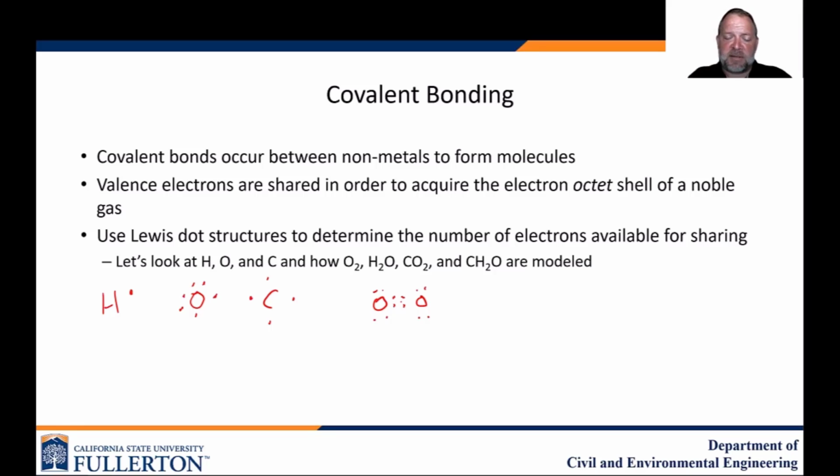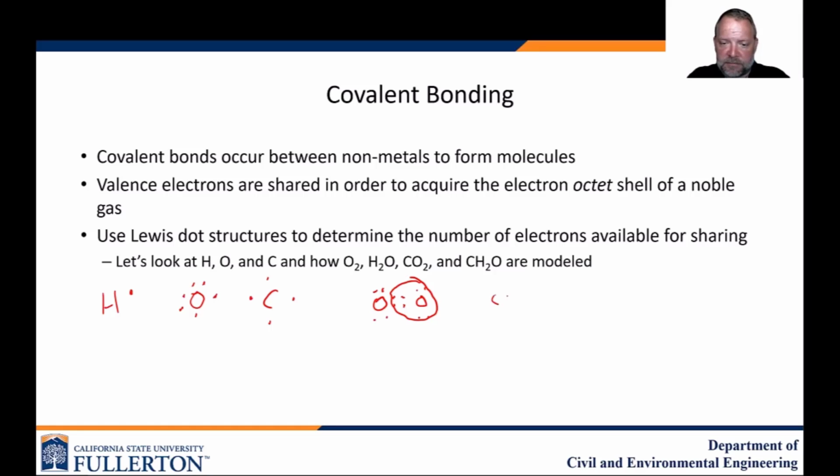Because they're sharing, if I look at just the electron cloud of this one, it has 8 electrons, which is what it was trying to get. And if you look at the electron cloud of the other oxygen, I'll erase this circle so you can see what I'm talking about, it also has 8 that it's experiencing. So it's stable now because it has 8 electrons.